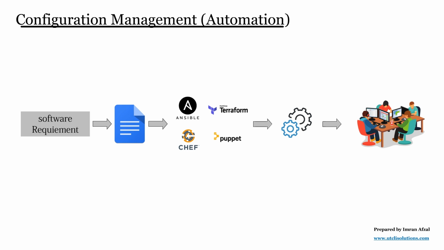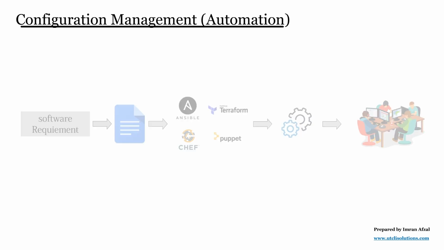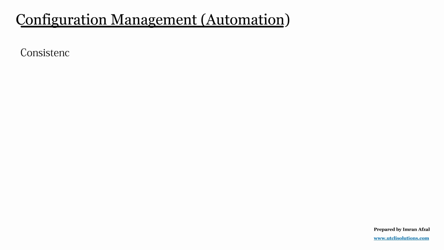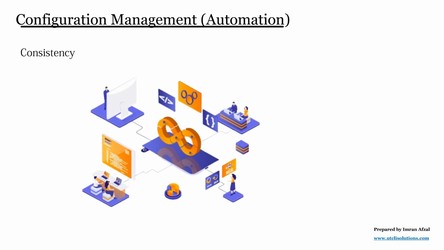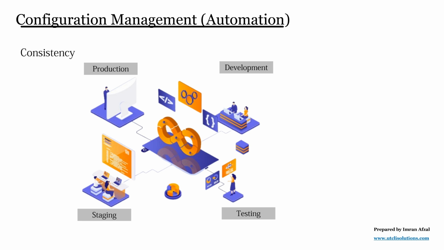Now let's go over why configuration management is so important in DevOps. The first one is consistency. As software gets promoted across various environments, for example, development, testing, staging, and production, configuration management ensures consistency across all these environments.